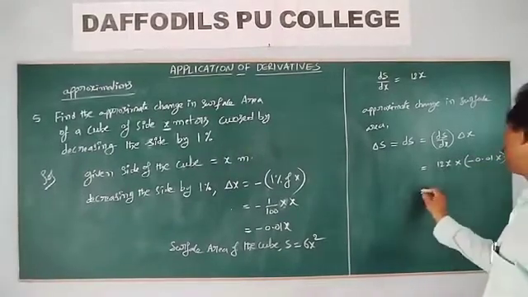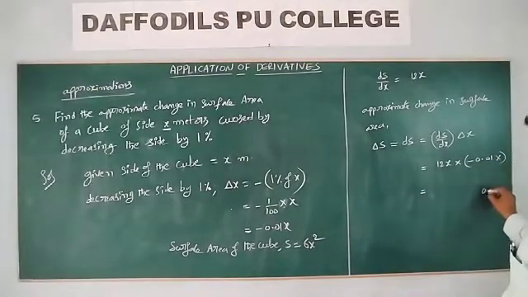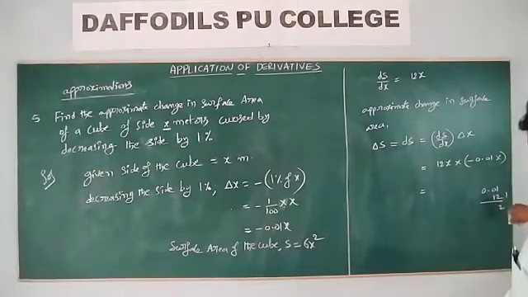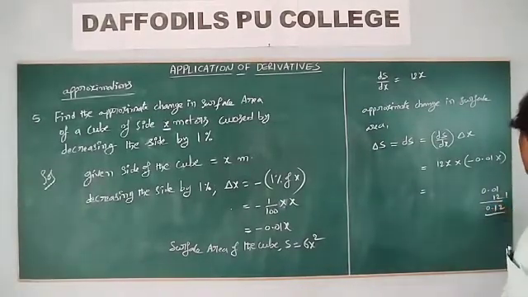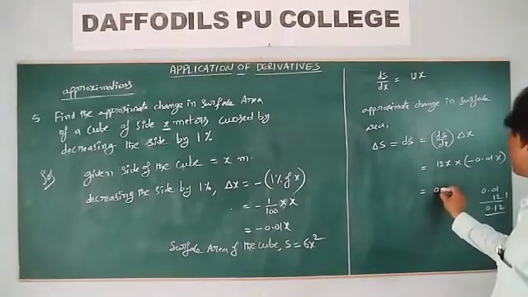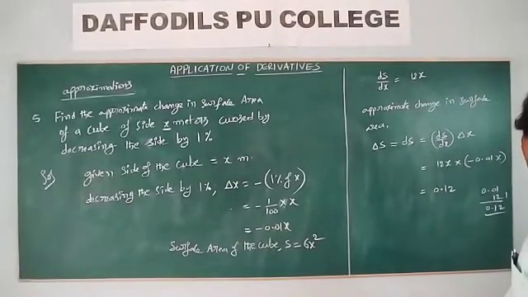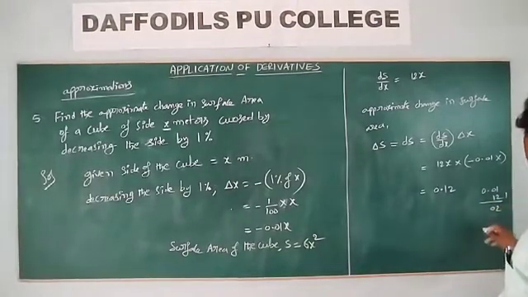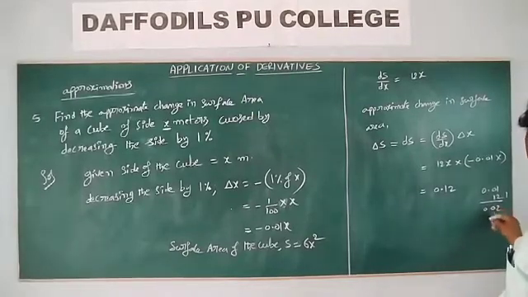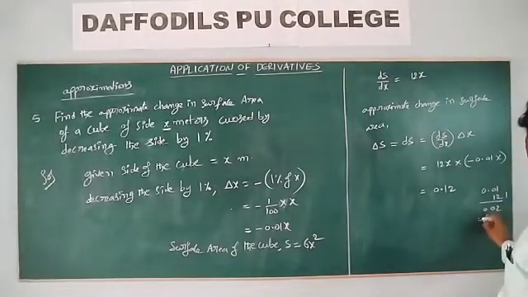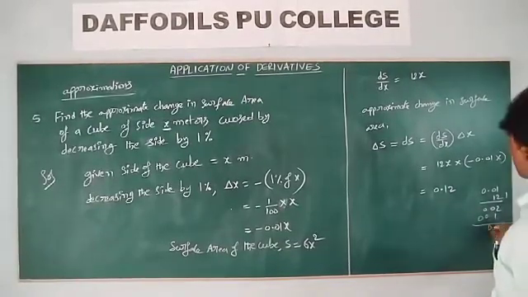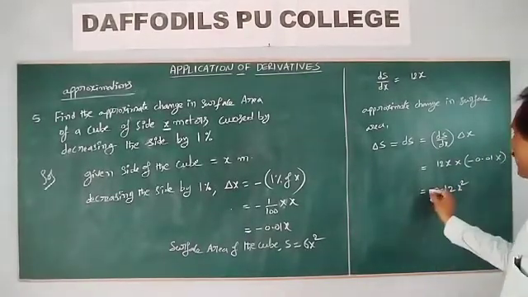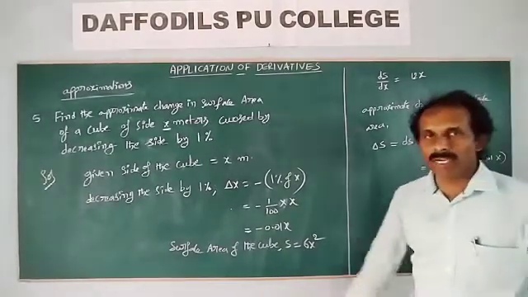Therefore, 12 multiplied by 0.01 is 0.12. So delta S is minus 0.12 x square.